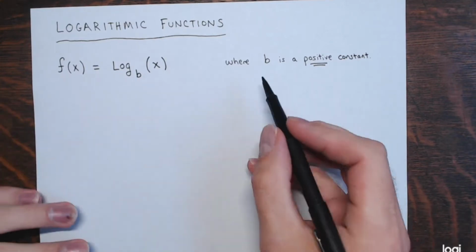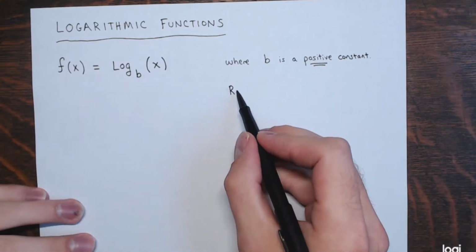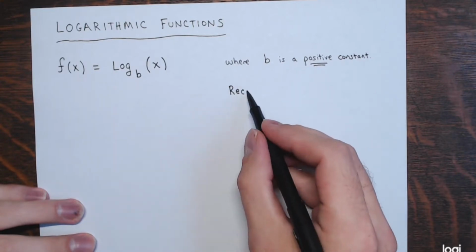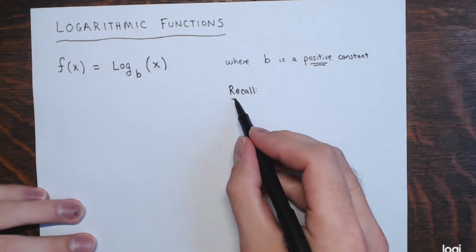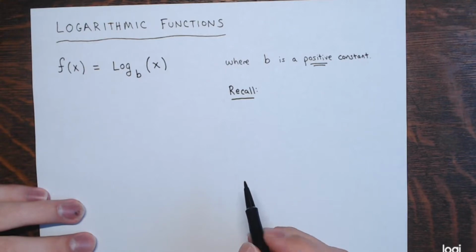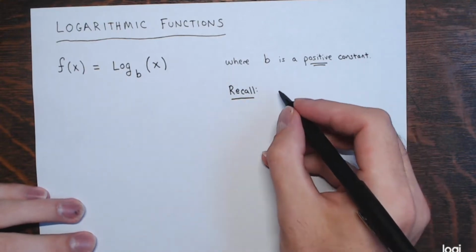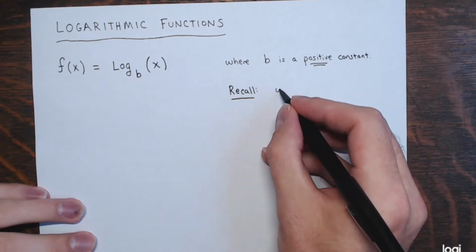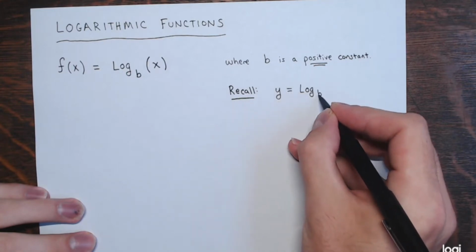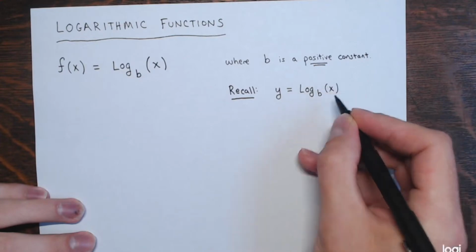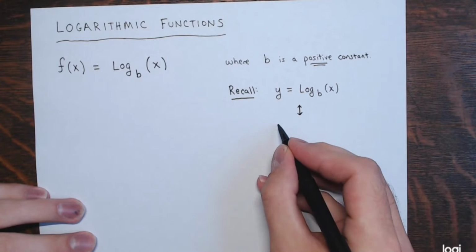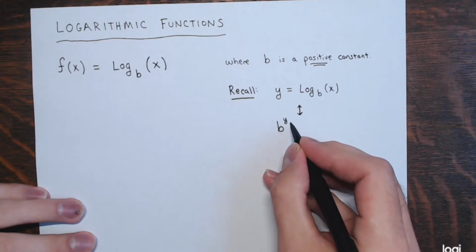Hopefully you can recall from section 10.3 part 1 the relationship between logarithms and exponents. Remember that if y equals the log base b of x, that's the same meaning as b to the y equals x.